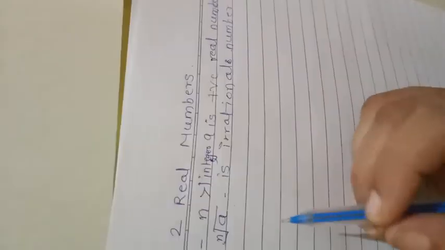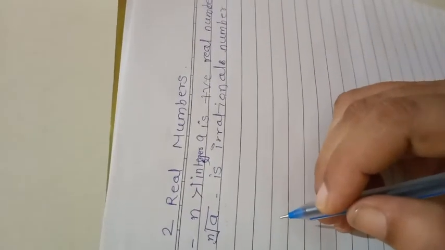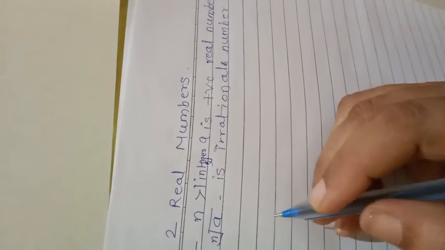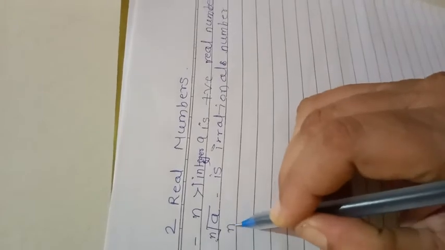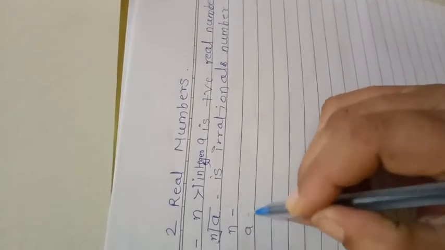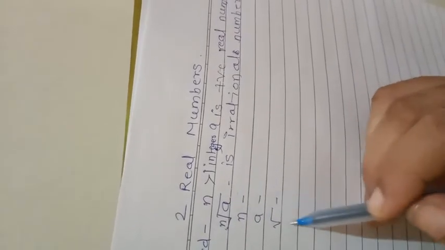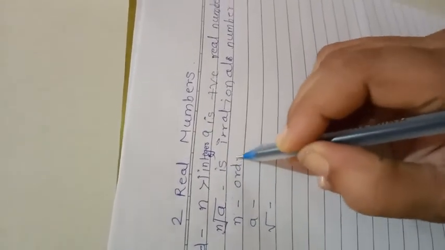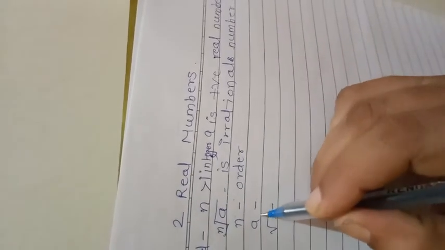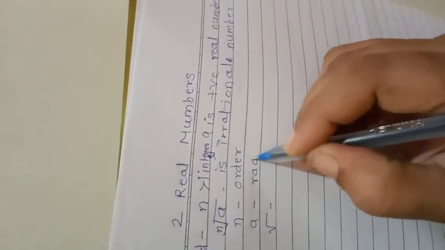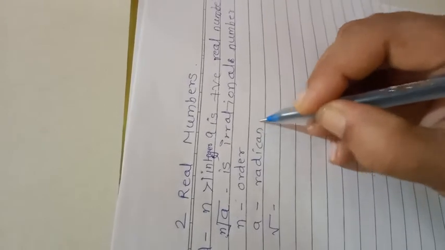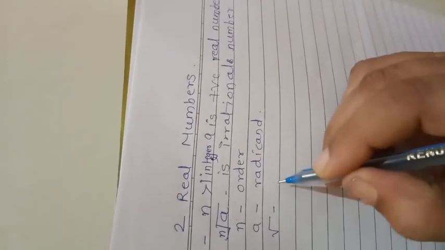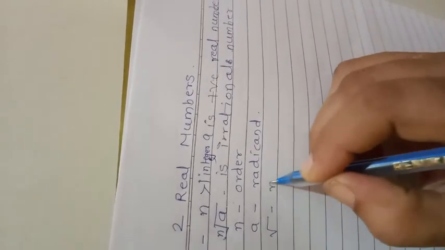In this surd, see, there are three signs. First n, second a, and third this radical sign. In this definition, n is called the order of the surd, a is called the radicand, and this sign is called the radical sign.